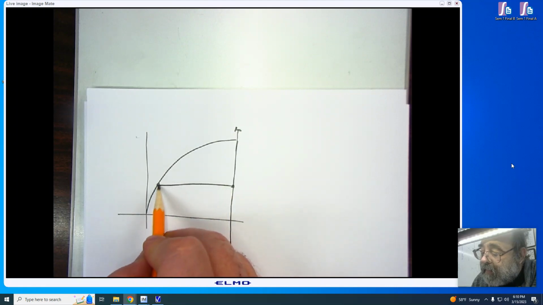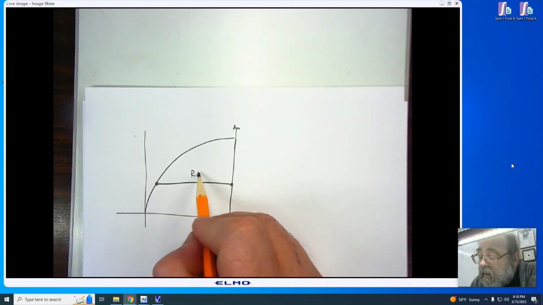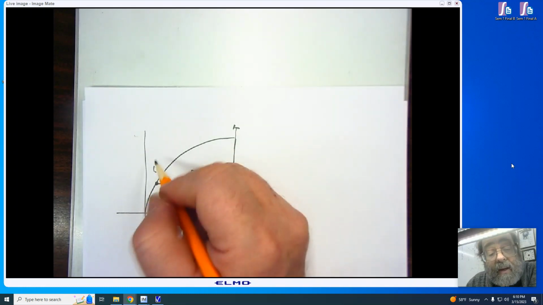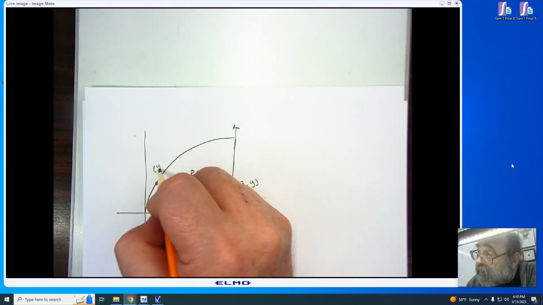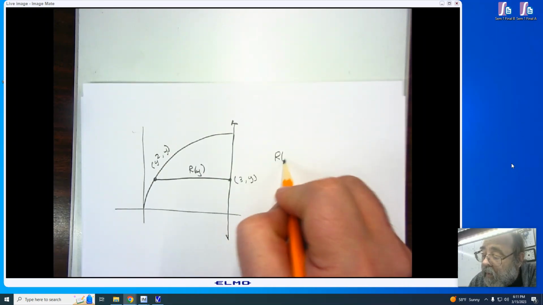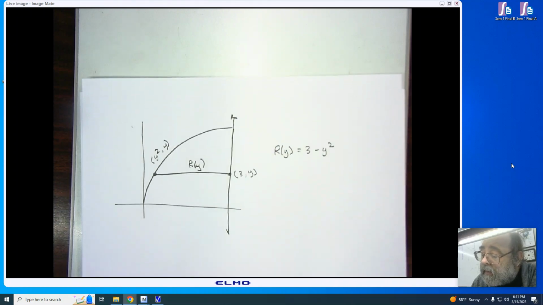We find the segment. Notice this is my r of y, and the r of y is going from 3 comma y all the way down to this point here, which is y squared comma y, and therefore my r of y is 3 minus y squared.